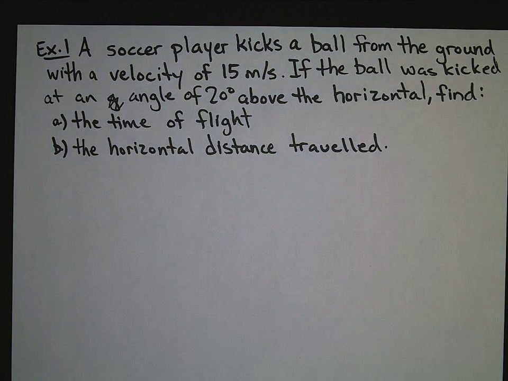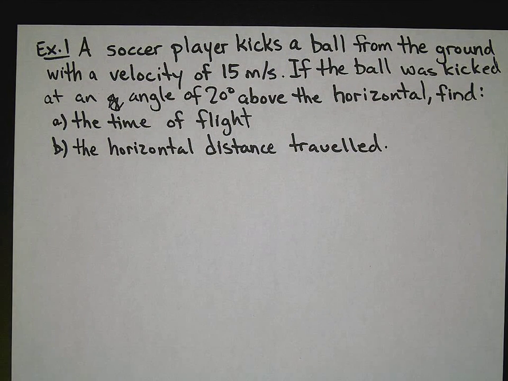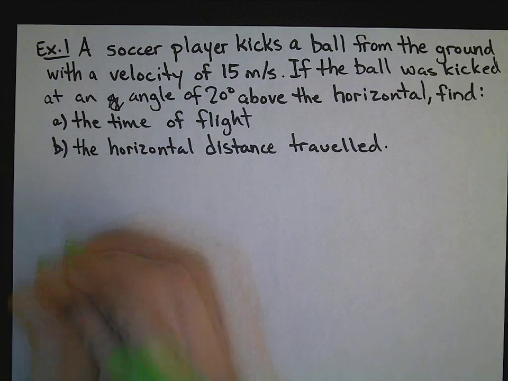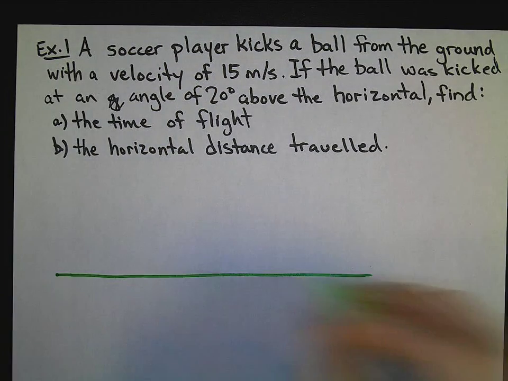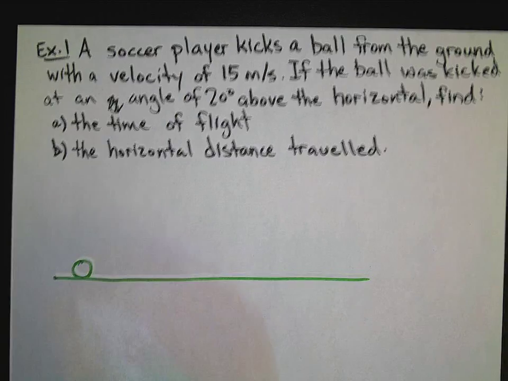So a soccer player kicks a ball from the ground with an initial velocity of 15 meters per second. The ball is kicked at an angle of 20 degrees above the horizontal, and we are going to be looking for the time of flight and the horizontal distance that it actually traveled. So this tells us that we have our soccer ball, similar to our generic discussion at the very beginning.